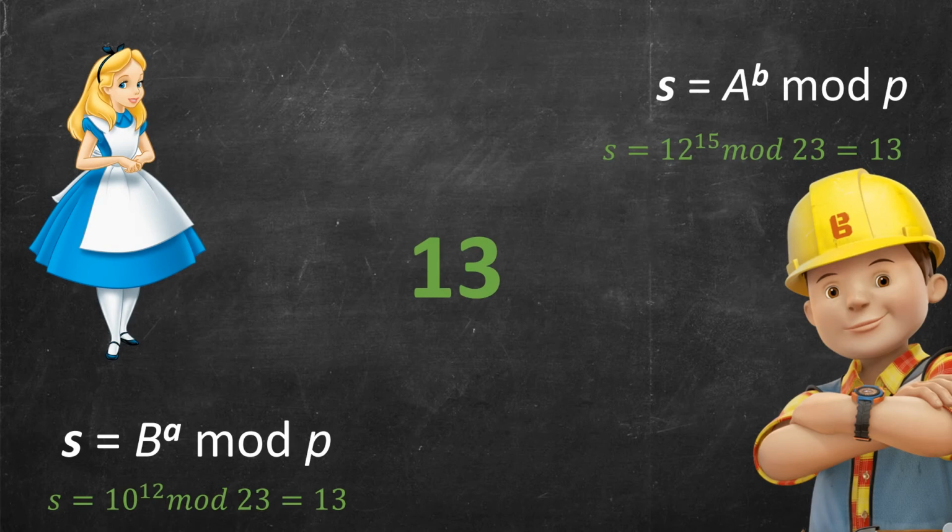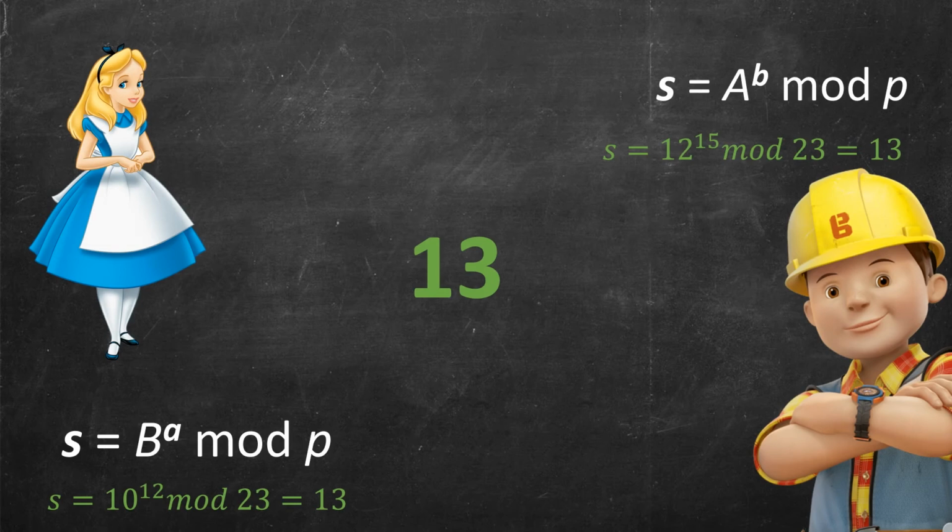Of course, in reality, the number is massive. And now, the best part is, Alice figured it out by herself, and Bob figured it out by himself, and neither of them had to tell each other the secret key over the internet.